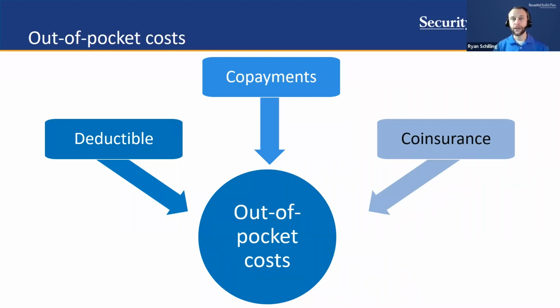So usually you have an annual max out of pocket or out-of-pocket maximum, whatever it's called. And so you'll pay some amount of deductible, co-payments, and co-insurance until that out-of-pocket max is met. And so some of the time your co-insurance might be that whole other $2,000.